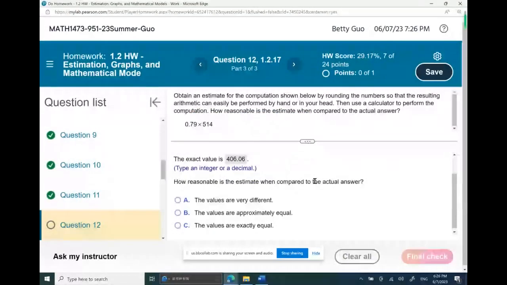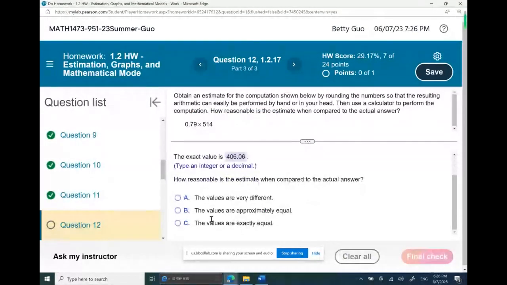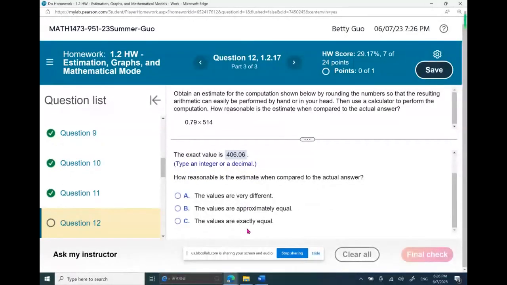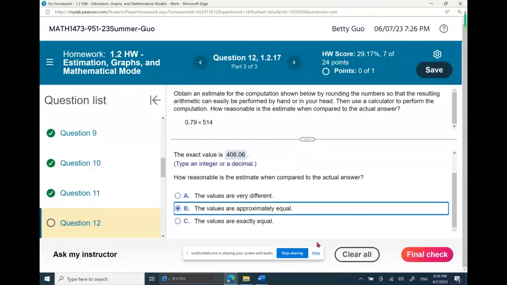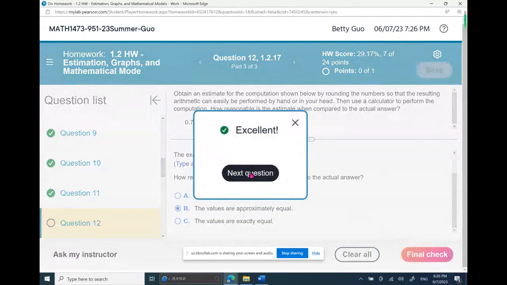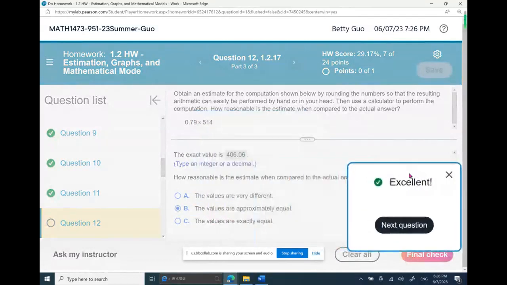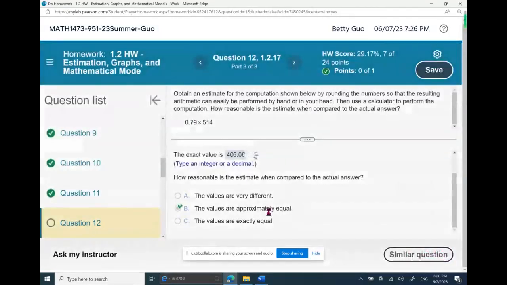It is reasonable and a little bit lower than the actual. The values are approximately equal. And in this question, we do need to use judgment, right? The previous question, actually, the information in the parentheses indicated we need to round to the nearest integer. But this one, we do need to use judgment.